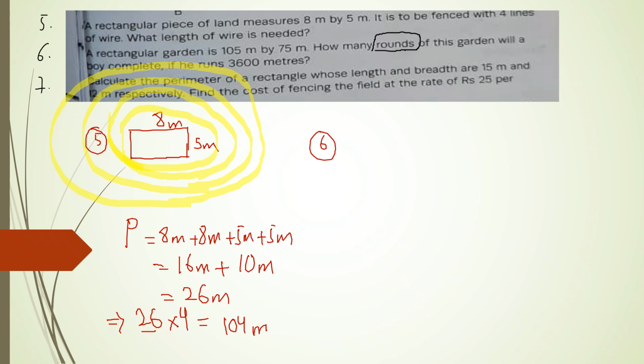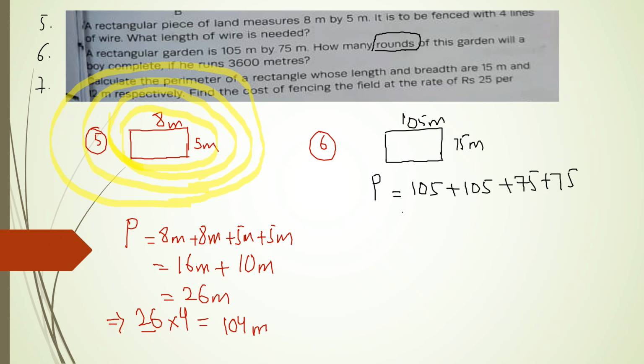So what you will do is, it's up to you, you draw the rectangle. One side is 105 meter and one is 75. What you have to do is first find the perimeter. So the perimeter will be 105 plus 105 plus 75 plus 75, and when you add these, you will get 360 meters, right?